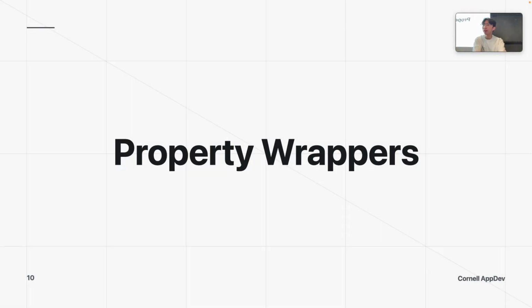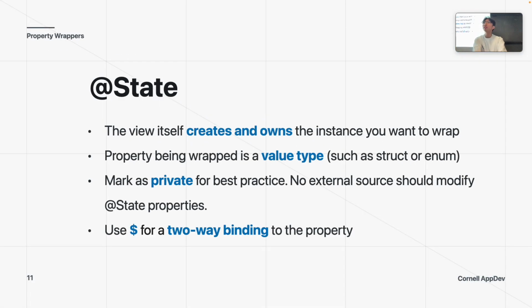Now just to recap everything, I introduced a thing called a property wrapper, in which you wrap your properties so that you can modify your program states. So this @state property wrapper, you want to use it if the view itself creates and owns that instance. In other words, in that demo, that count variable, that content view struct owns that view and it created it.